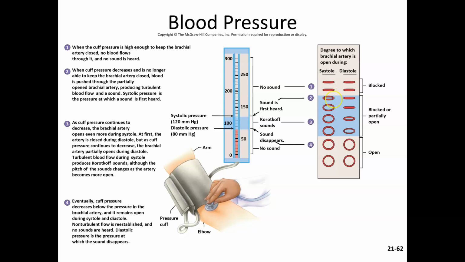The cuff will then continue to deflate, which opens up the brachial artery more and more until we stop hearing sounds, and that we will record as our diastolic pressure. At this point, the blood flow turns into more of a laminar flow, and that's why we don't hear any more sounds. By using this method, we are at least within 10% of methods that are more direct.